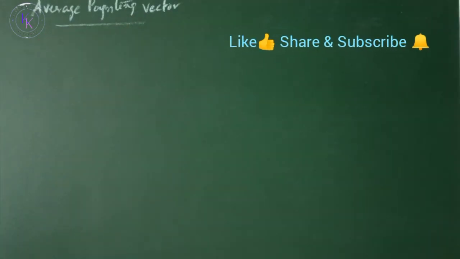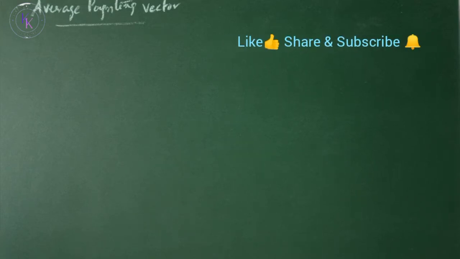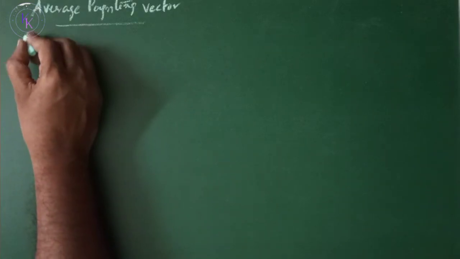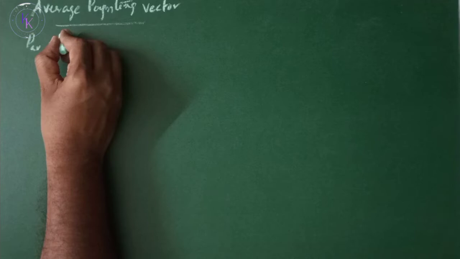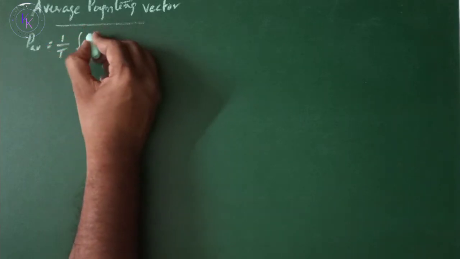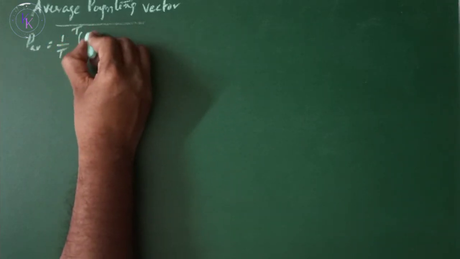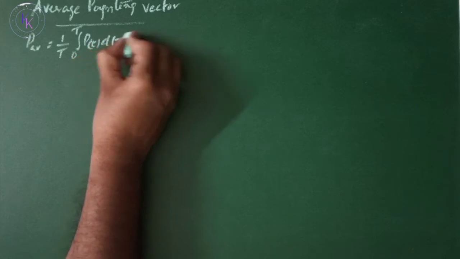Average Poynting vector. We know that average power is obtained by integrating the instantaneous power over one full cycle, that is the time period, and dividing by the time period. That is, P average equals 1 by T integral 0 to T of P of t dt.